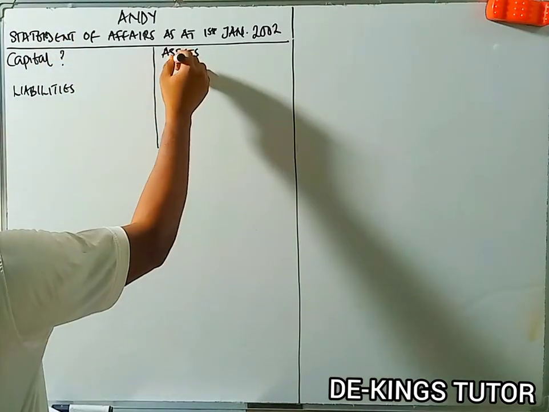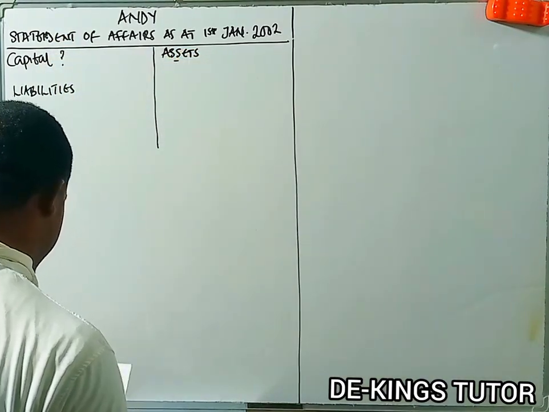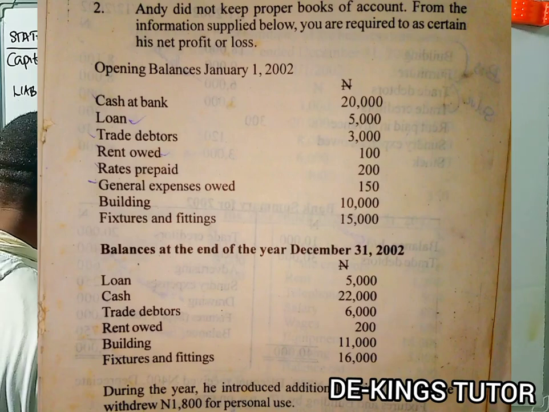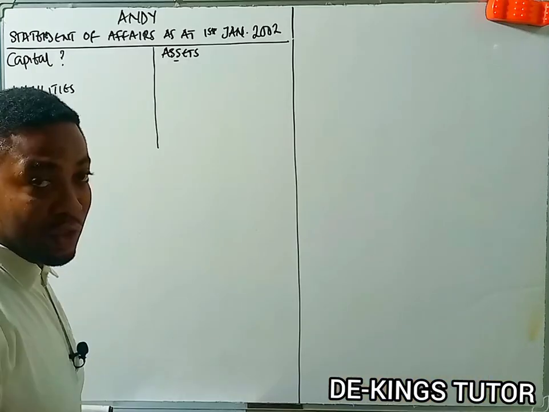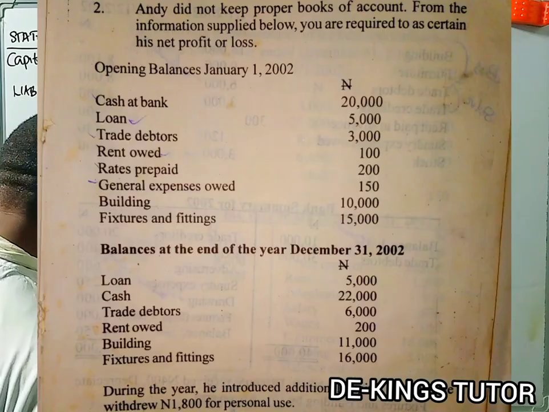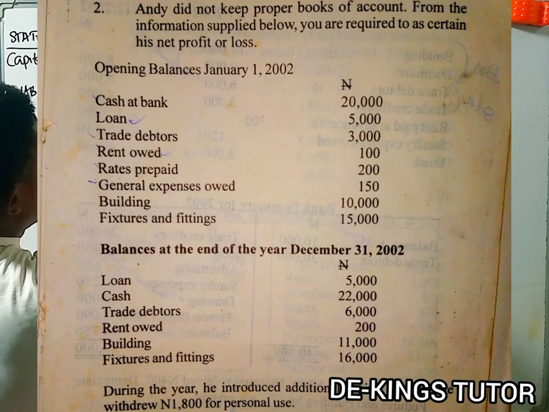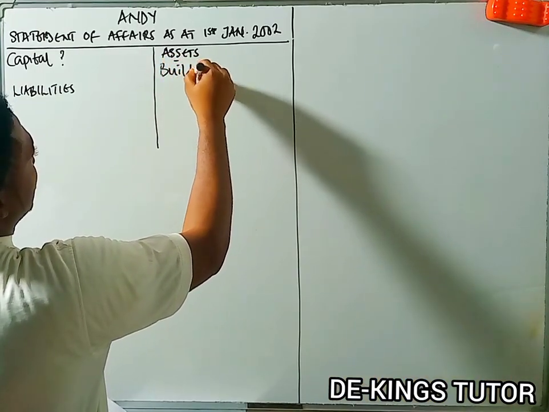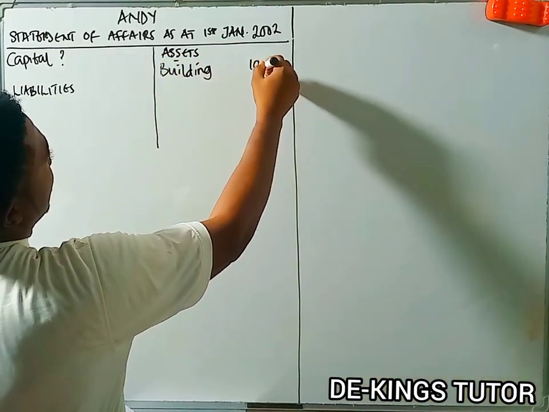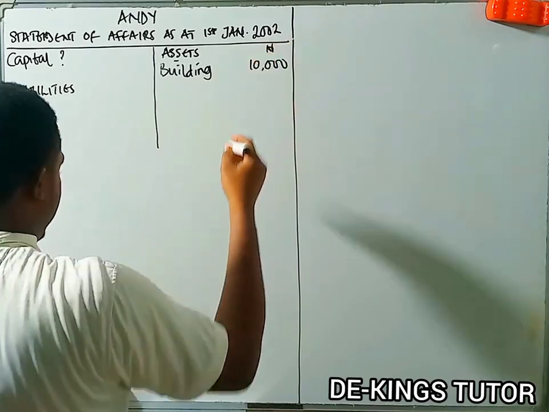So now let's post. The first item there is cash at bank, but let's arrange in order of permanency. So on the asset side, let's have our building, 10,000.